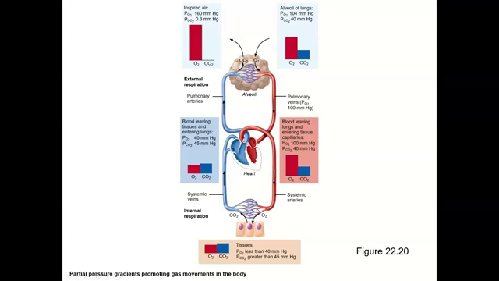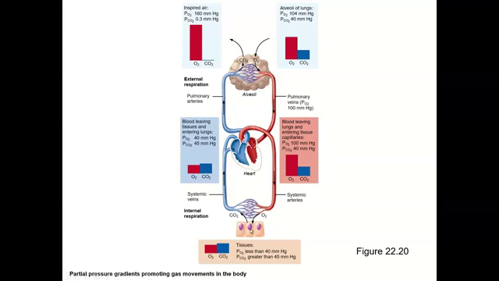Now our tissues are crying out for oxygen because they've used up all the oxygen. So we don't have much oxygen in partial pressure in our tissues. We only have up to 40 millimeters. So there's a huge pressure difference between the two, and we know that if we have a gradient like that, oxygen will move from the high concentration to the low.